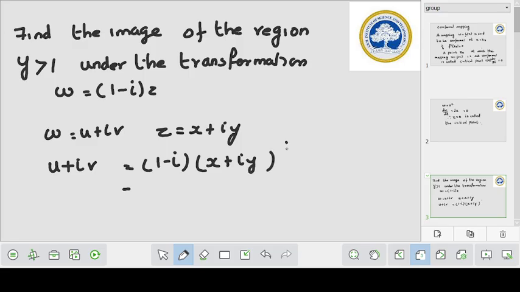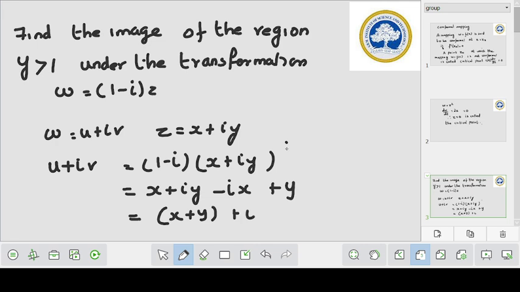Now multiply: 1 into x plus iy is x plus iy, minus ix, and then i into i squared is minus 1, so it becomes plus y. Now separate the real part and the imaginary part: x plus y plus i into y minus x.